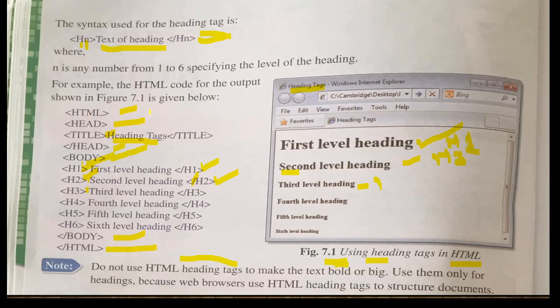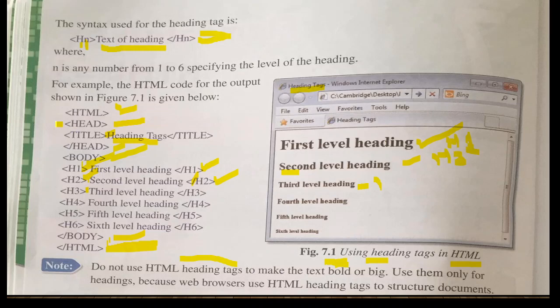As you can see here, HTML is the root element. Again, this is the root element, and then we need to close it. At the last part, we need to close the root element with a forward slash.